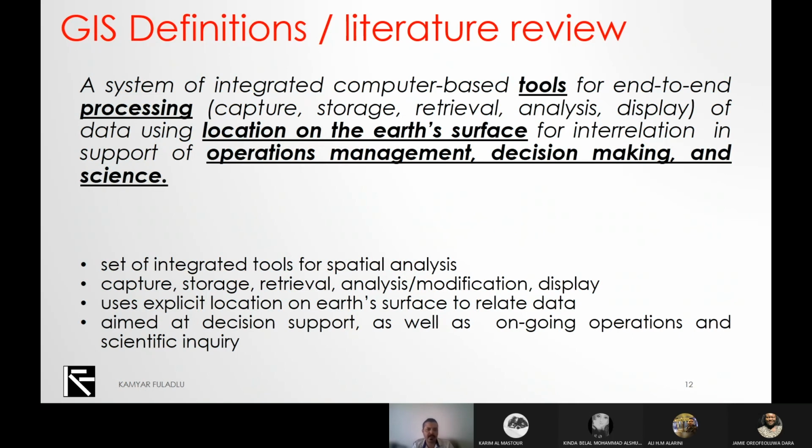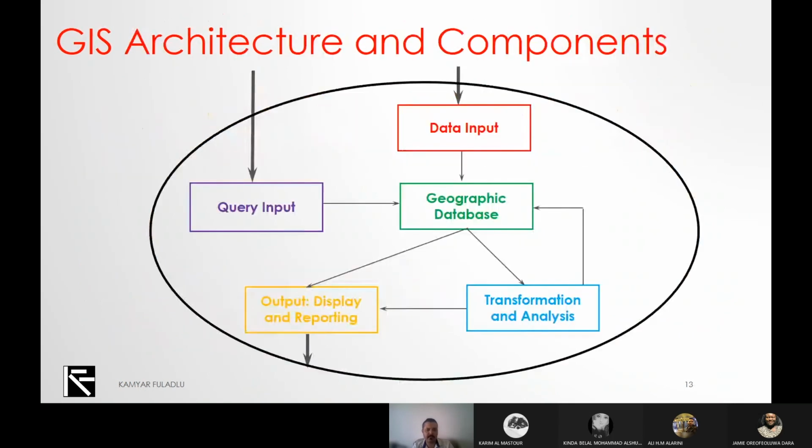Now, let's make it in a very easy diagram. As you can see, again, these 5 components are there. We have some data input, then our data goes to the database. After that, we write some queries. What is a query? We call the data, we ask it, we start to question this data.